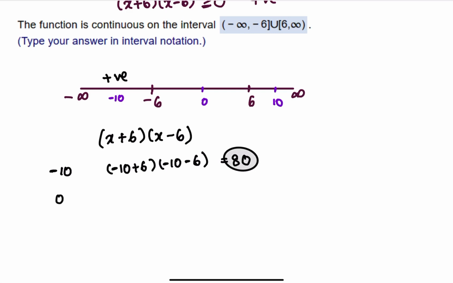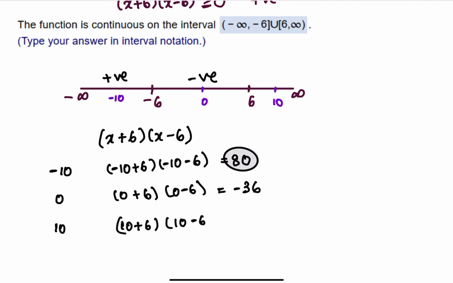Now I'm going to plug 0. 0 plus 6, 0 minus 6. I get a negative 36. So this is going to be negative. And now I'm going to plug positive 10. 10 plus 6 and 10 minus 6, which is 16 times 4, 64. So this is positive 64, so this is also positive.